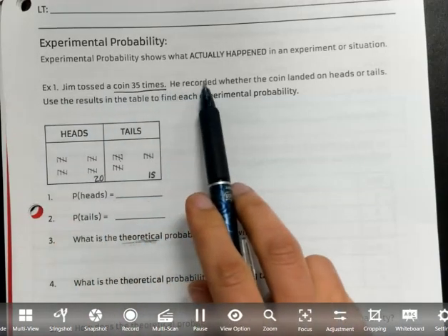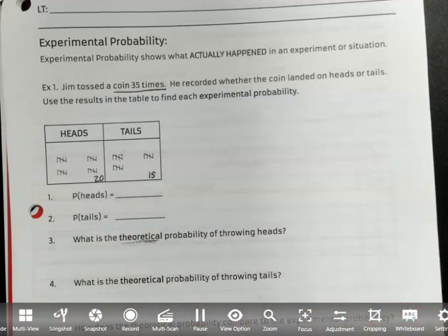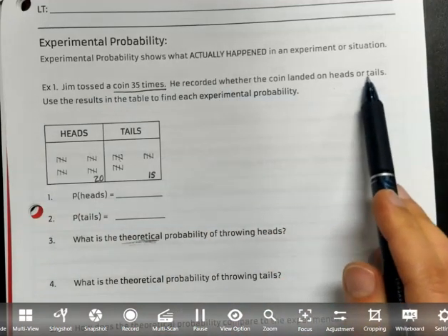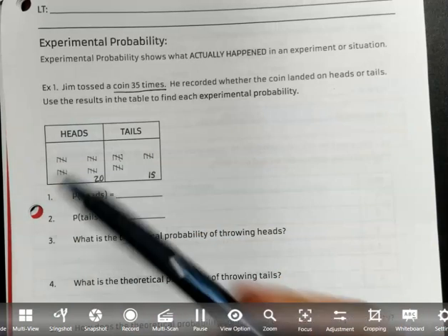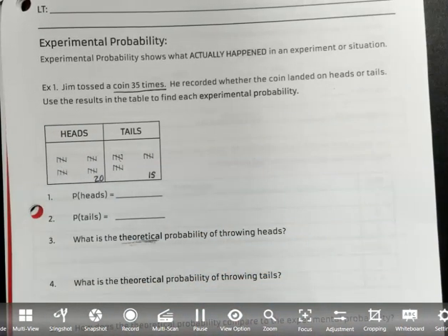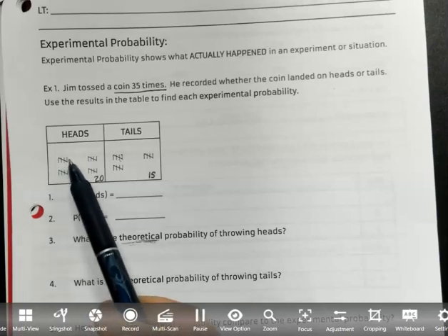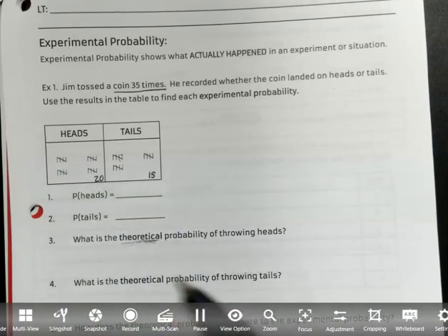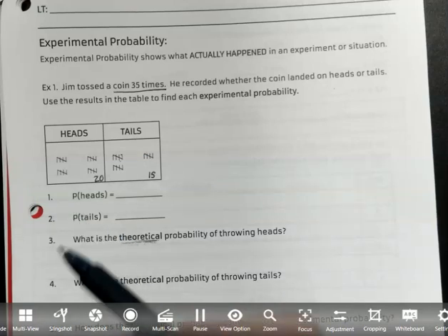So Jim tossed a coin 35 times. He recorded whether the coin landed on heads or tails. And so this is what actually ended up happening. Every time the coin landed on heads, he marked that it landed there. Every time it landed on tails, he marked that it landed there. So now, how many times did it land on heads?